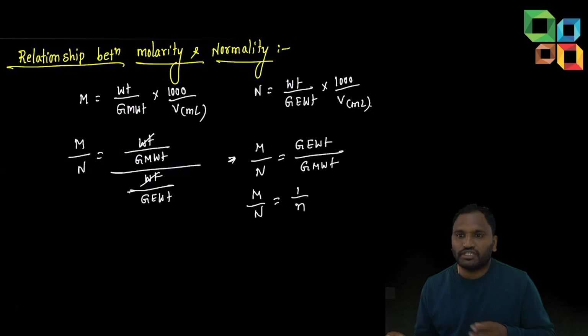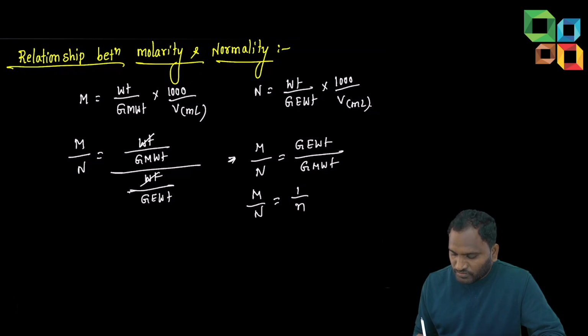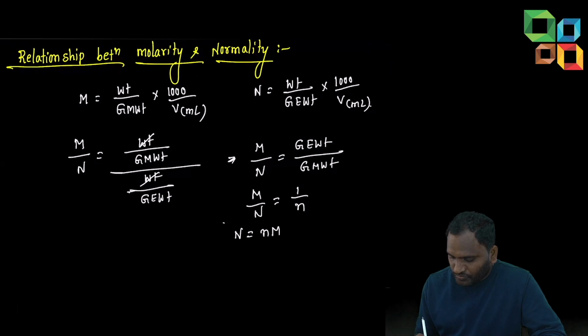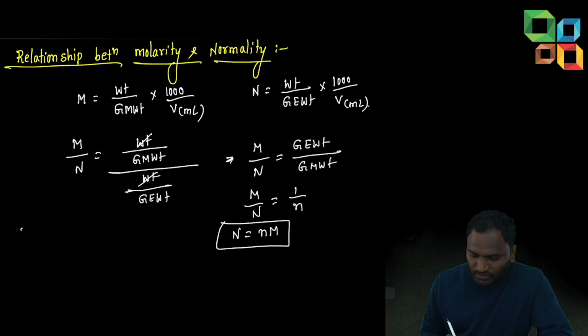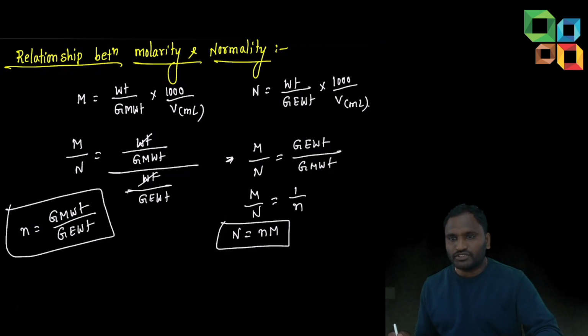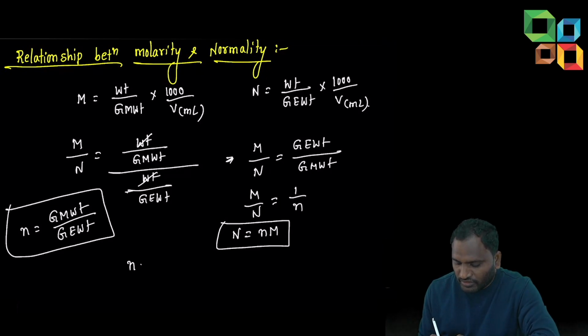We will take the n factor. So now normality is equal to n into molarity, where n is nothing but gram molecular weight by gram equivalent weight. This is the n factor.